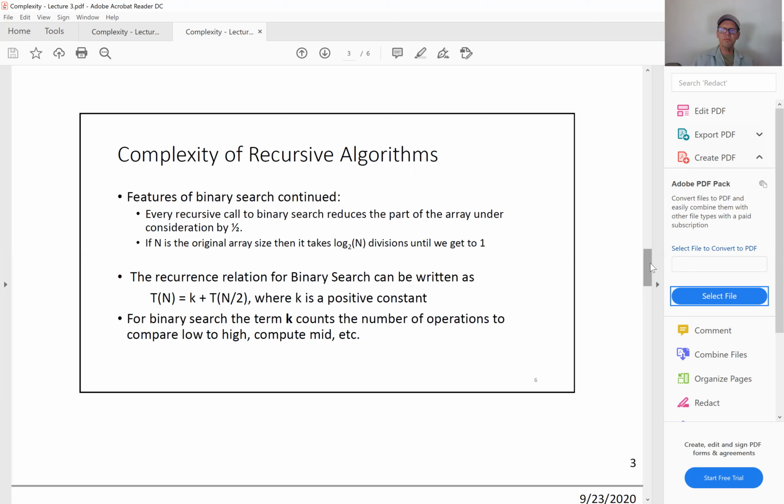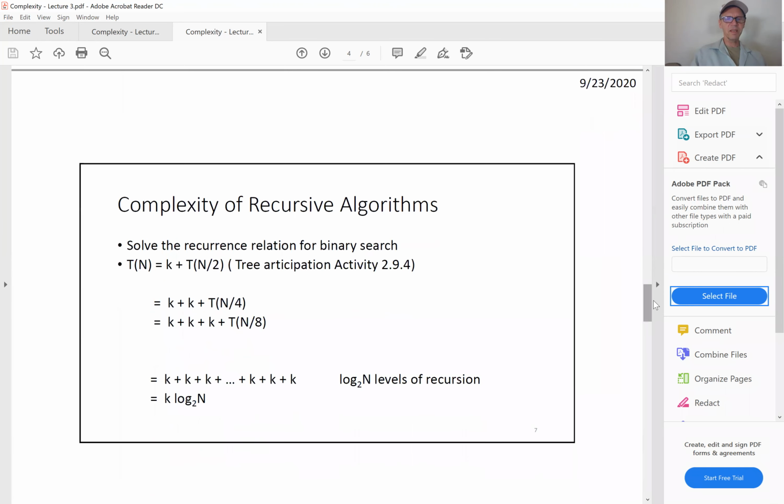And K just represents some positive constant. We don't really care what that is. I think for binary search it's 5 or 6, but it doesn't even matter if it's a million, right? It's the same every time. It's not a function of n. And so T of n is K plus T of n over 2.